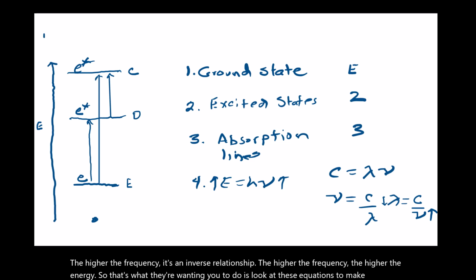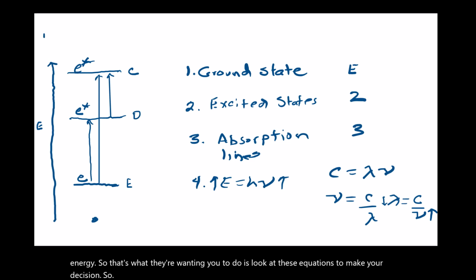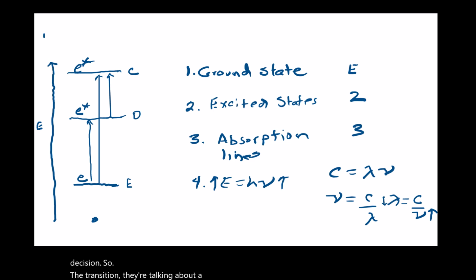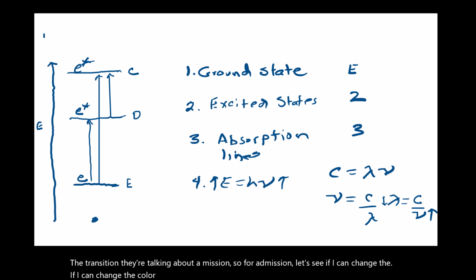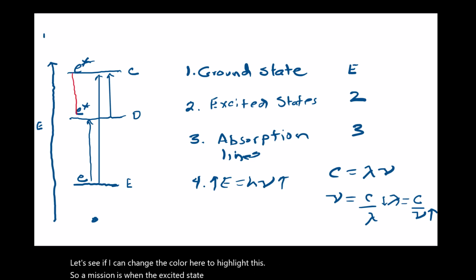So the transition, they're talking about emission. So for emission, let's see if I can change the color here to highlight this. So emission is when the excited state electron falls back down to the lower energy level.